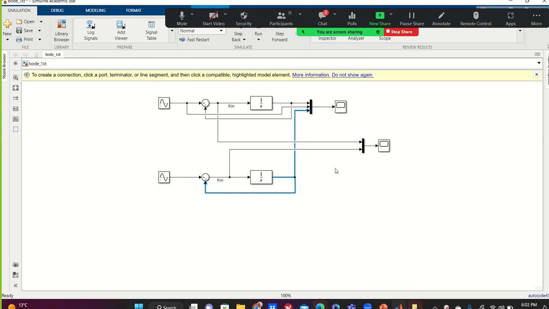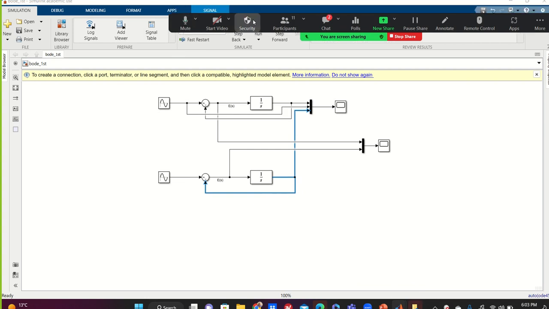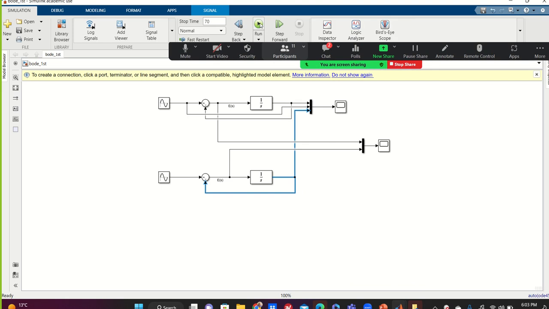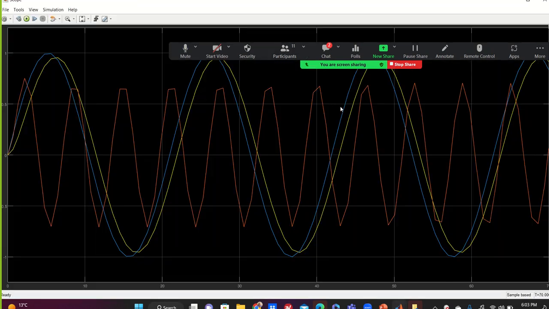Do you see, guys? There we go. So let us see what's happening. Oops. Amplitude decreased. That's right. This red one. Do you see that?